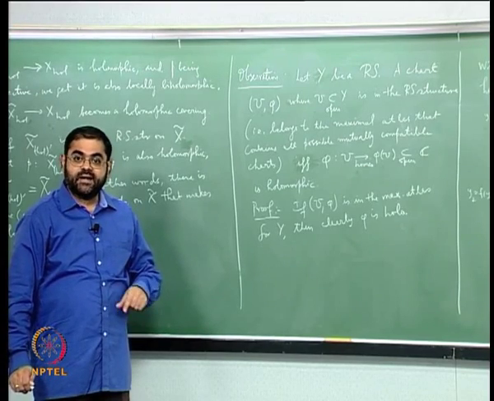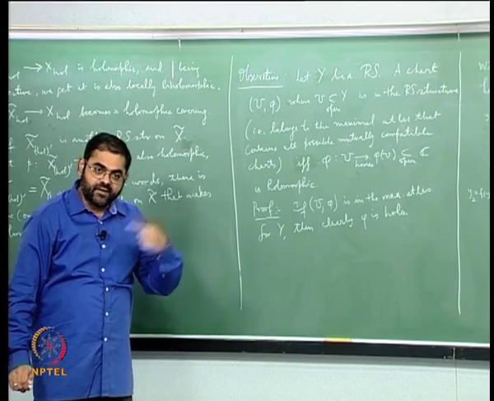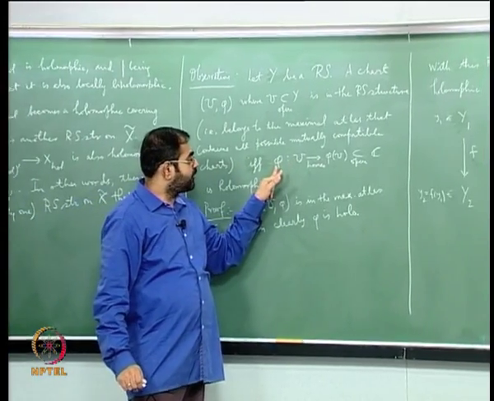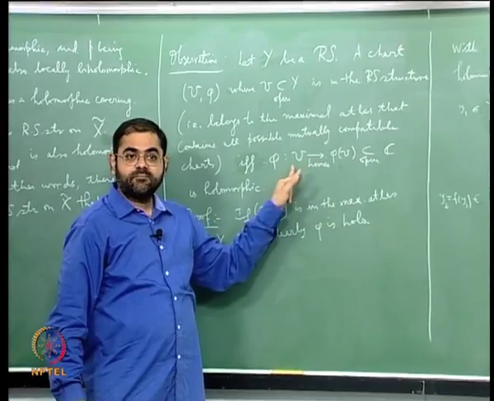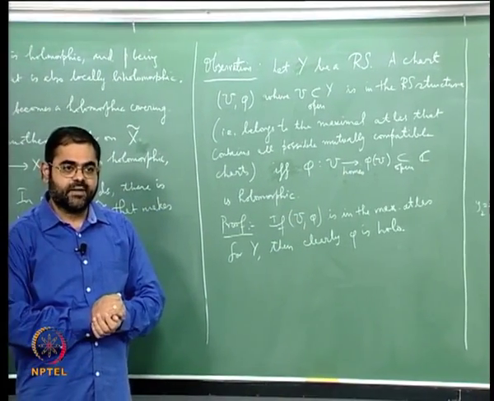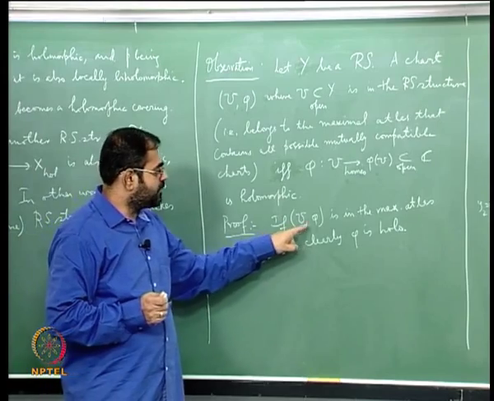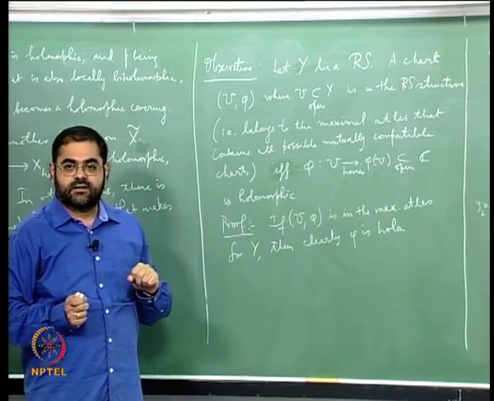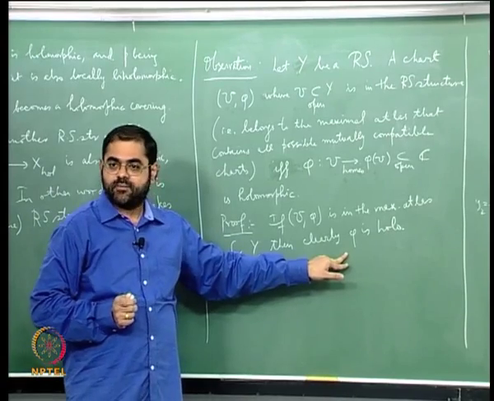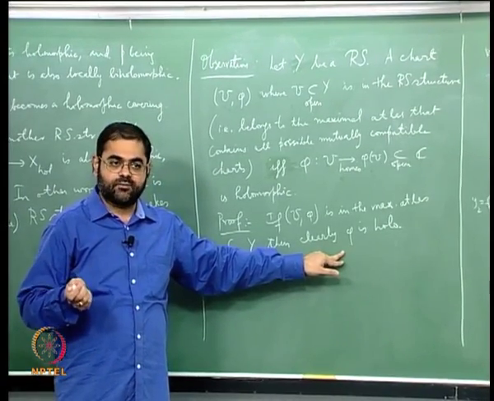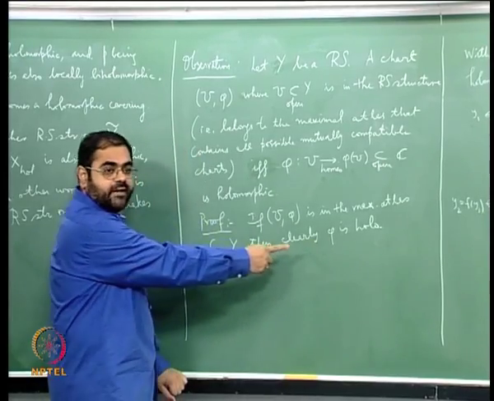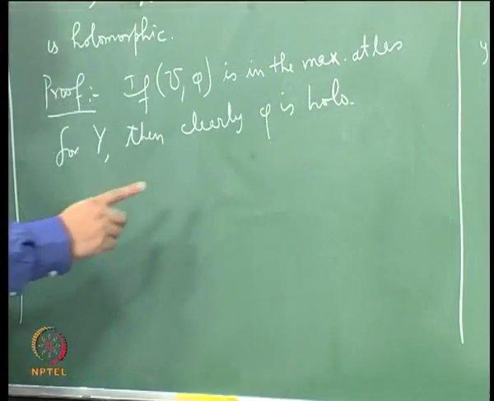But then I told you once you have defined the Riemann surface structure, the coordinate map given by each chart itself becomes holomorphic. So if (U, phi) is in this maximal atlas, then clearly phi is going to be holomorphic. I will have to prove the other way around. I hope you have already done this exercise.